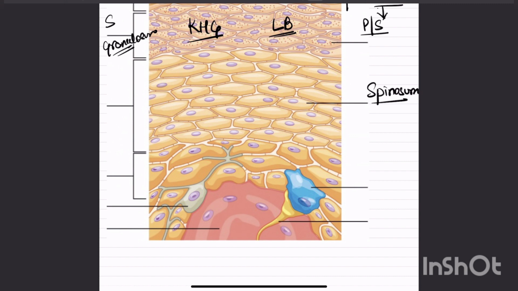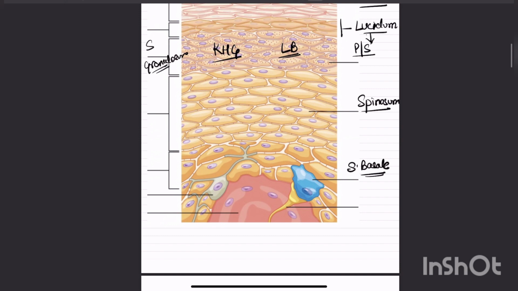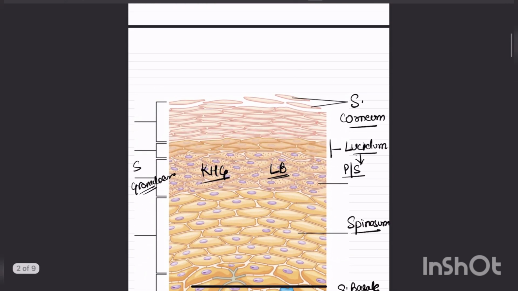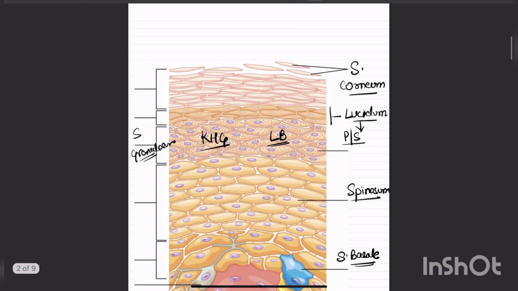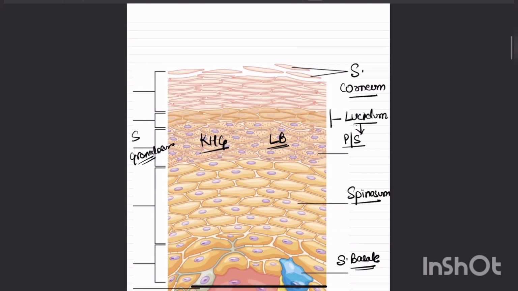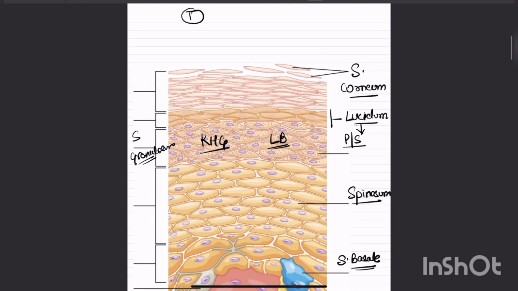Below it we have stratum basale, also known as stratum germinativum. The important question that comes from this particular topic is the layers that you have to enumerate from top to bottom. Topmost is corneum, lucidum, then we have granulosum, spinosum and basale. Very important question.